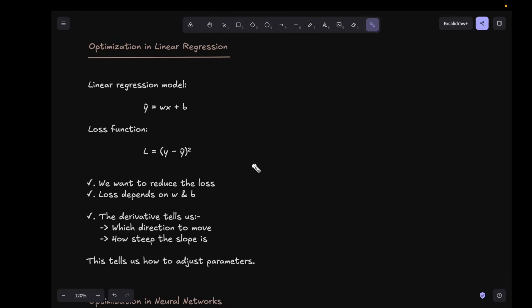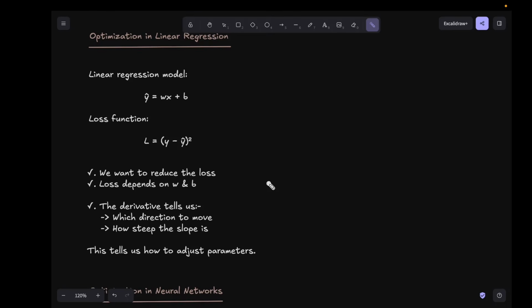For adjusting the parameters of the loss function, we use the derivative with respect to w and b. We should repeat this process until the loss becomes small. This is what we mean by learning.